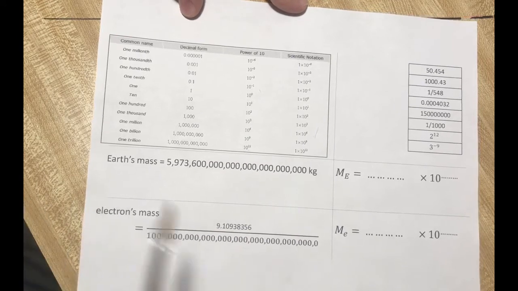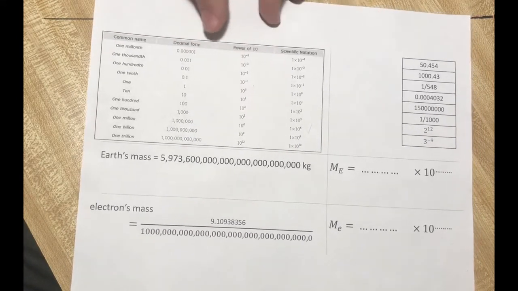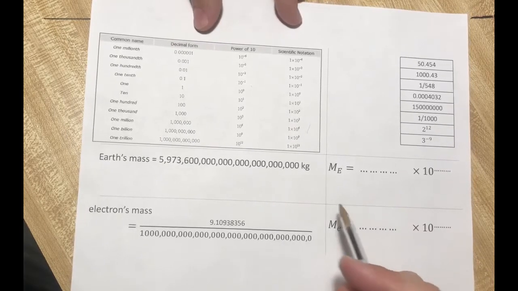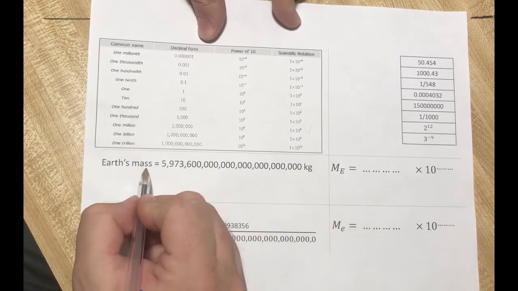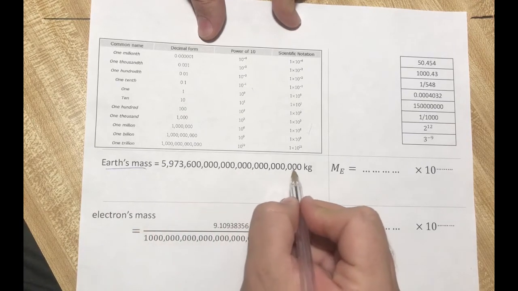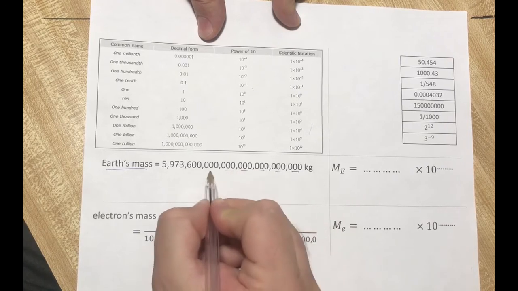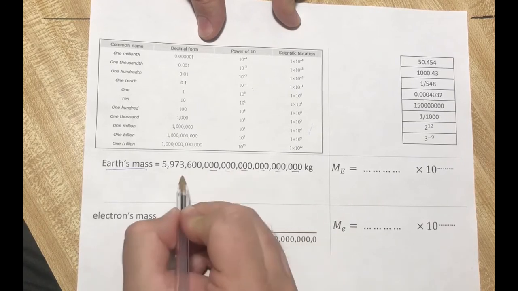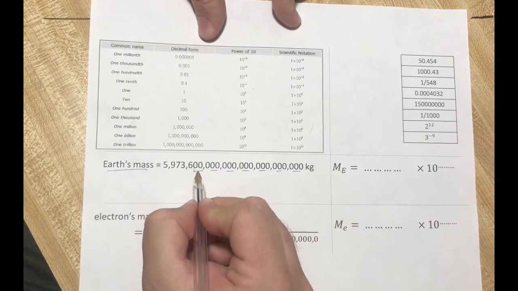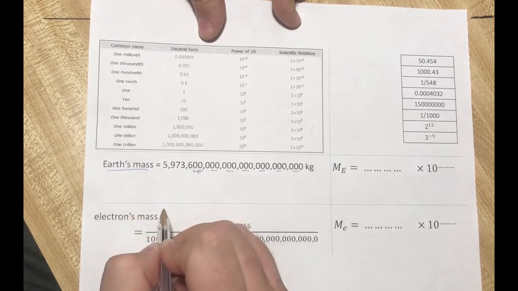Now, in physics, we have huge amounts of quantities. For example, we have Earth's mass. It is, I don't know how many zeros, 3, 6, 9, 12, 15, 18, 20, and then I have many steps here.